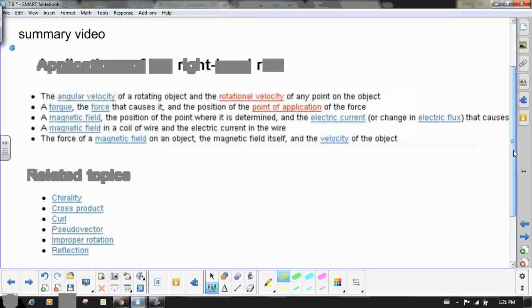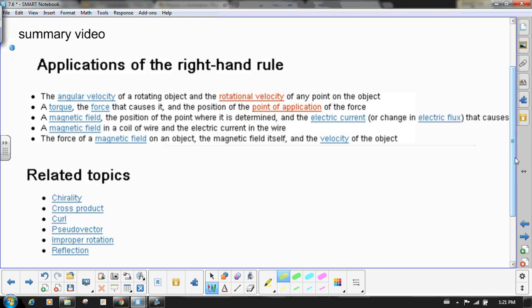Chirality has to do with isomers, which are mirror images of each other, with the exact same chemical formula and the exact same functional groups. However, they're like a pair of gloves. The fact that they're not superimposable mirror images is why we call them chiral. That has something to do with the right-hand rule, and you can investigate it on your own a little more.